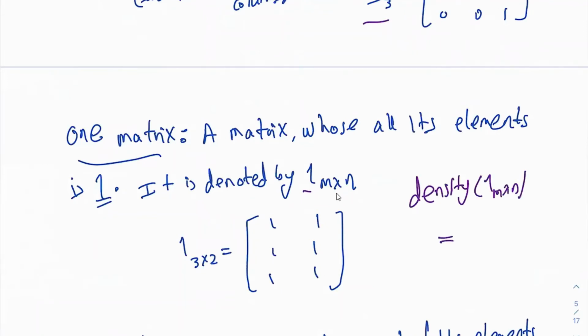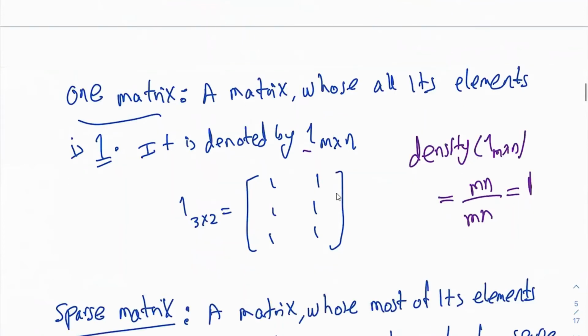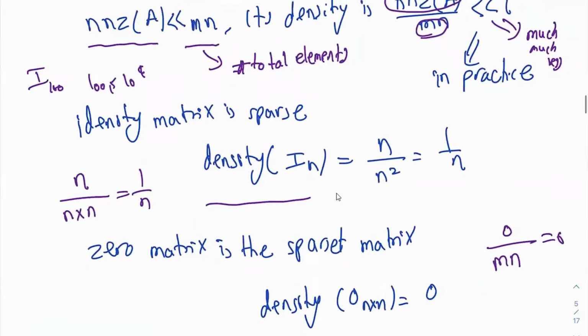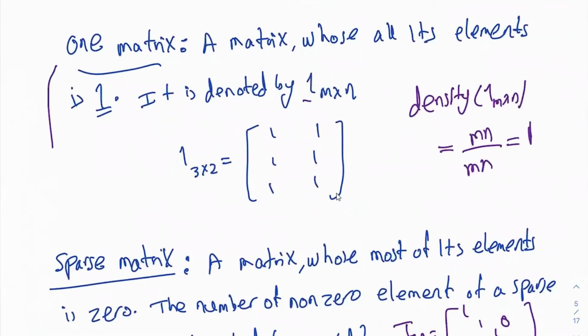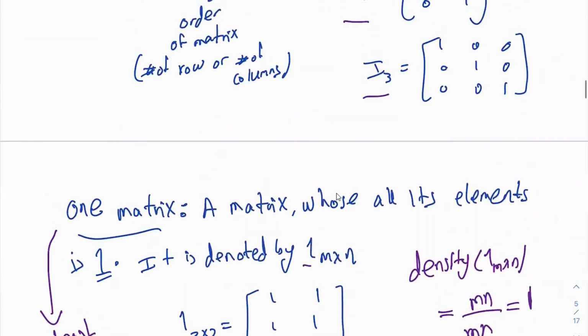So what is the number of non-zero elements here? The number of non-zero elements here is m by n, and then the total number of elements also is m by n, which is 1. So the density of the 1 matrix is 1, which is the maximum density. It's the least sparse. Let me write it down as well. So the 1 matrix is the least sparse matrix. Okay.